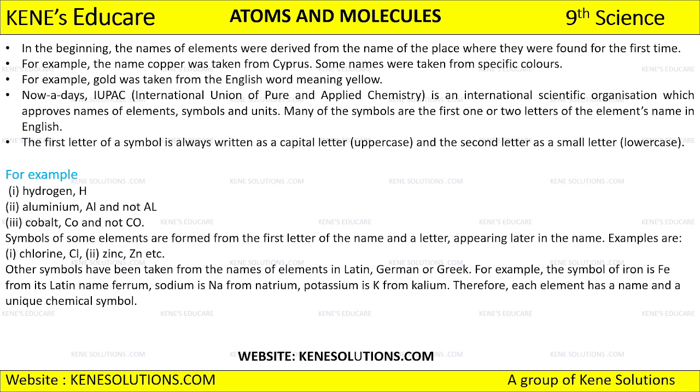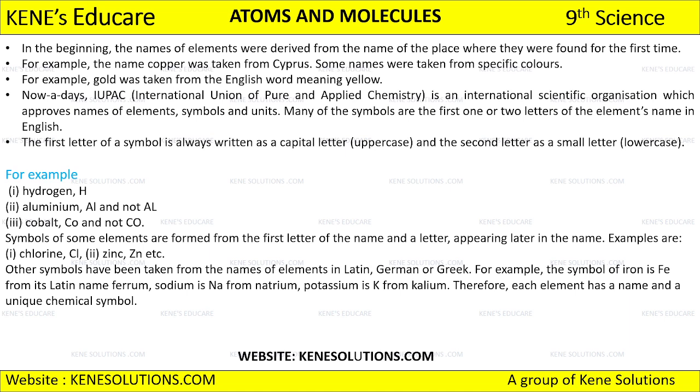Many of the symbols are the first one or two letters of the element's name in English. The first letter of a symbol is always written as a capital letter, as uppercase, and the second letter is written as a small letter, that is, in lowercase.